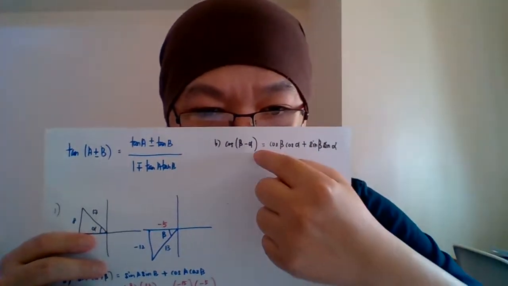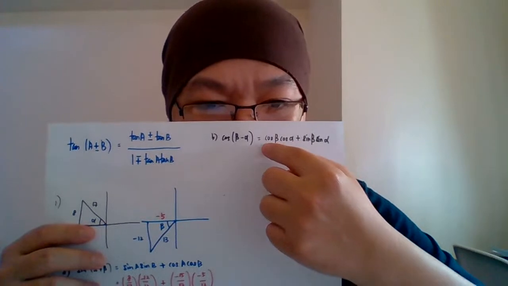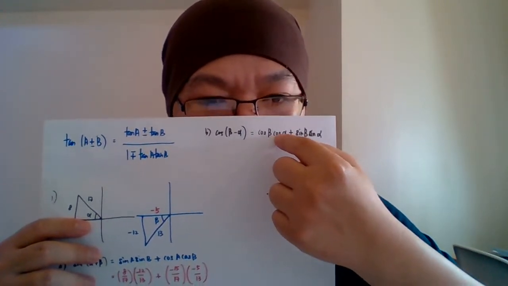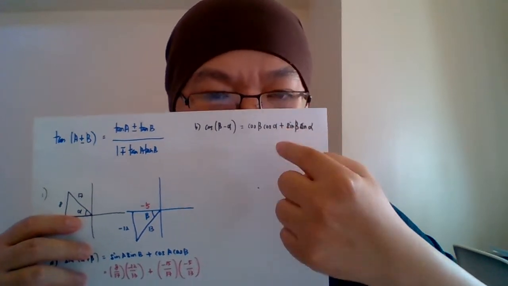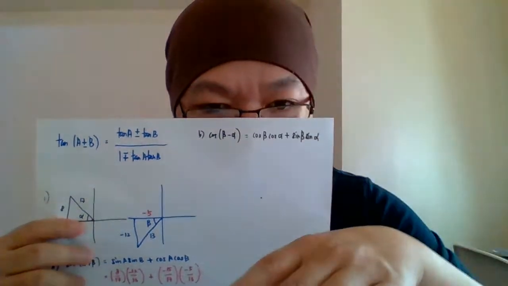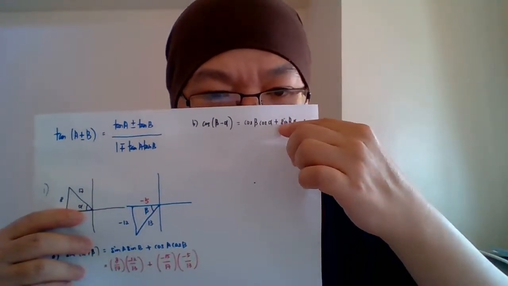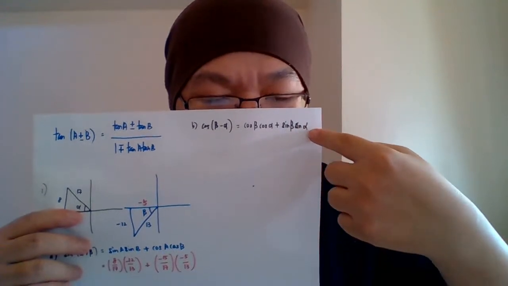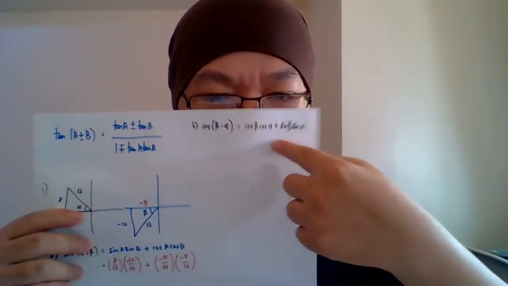Beta is A, alpha is your B. So it becomes cos A cos B. Cos A means cos beta, cos B that means cos alpha, plus. Kenapa plus? Because the operation is minus bottom. So you must look at the bottom operation also. So it becomes sin beta sin alpha here. Now tugas anda masukkan saja based on the diagram.